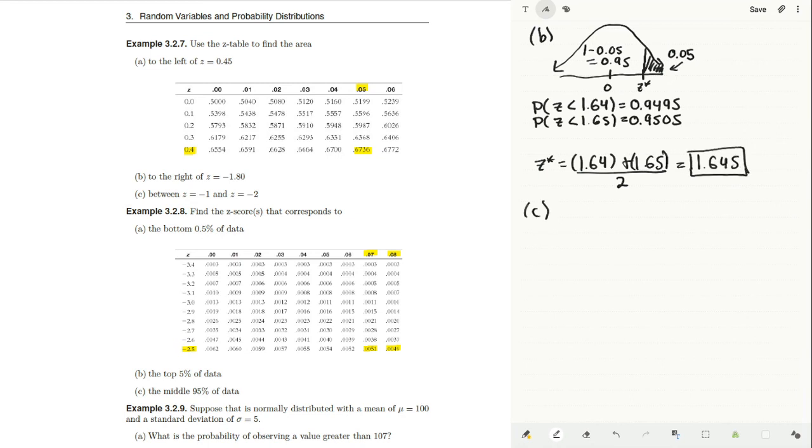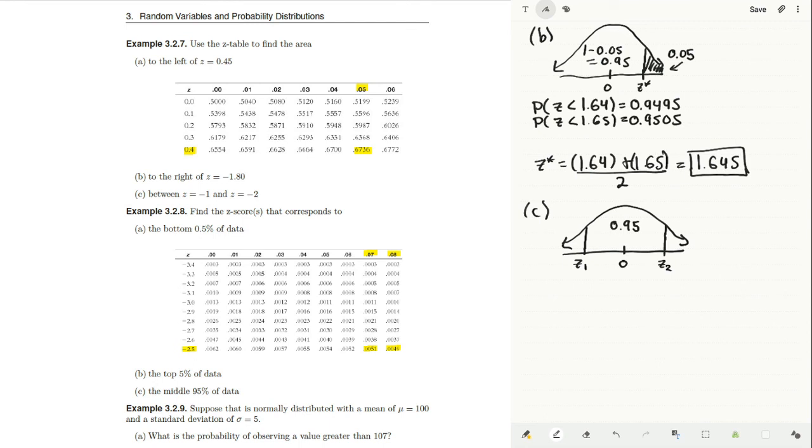So now let's find the z-scores, which correspond to the middle 95% of data. And so here we're going to have two z-scores. We'll call them z1 and z2. And the area in the center is equal to 0.95. So how can we determine these two z-scores?